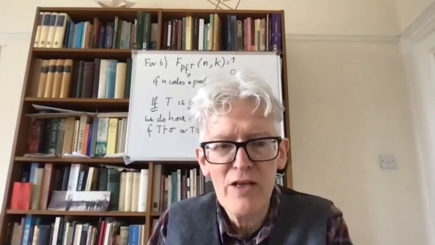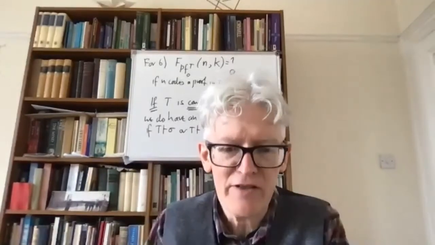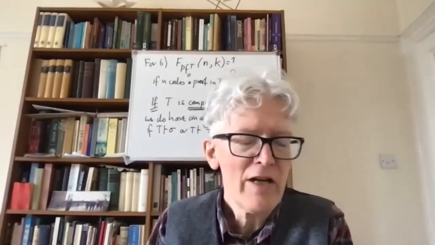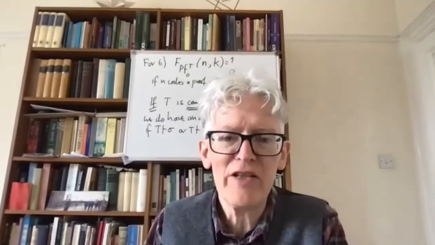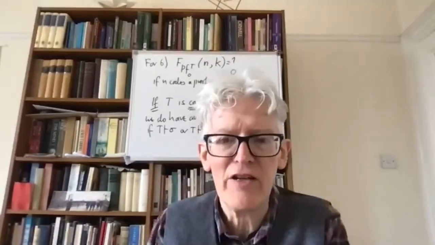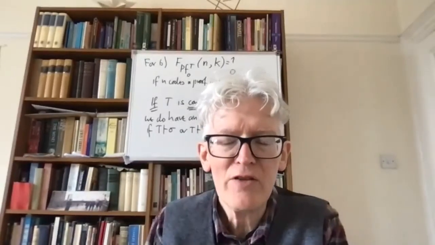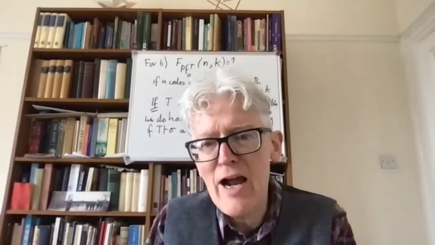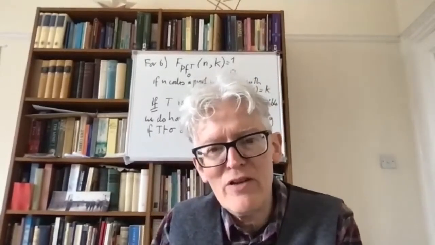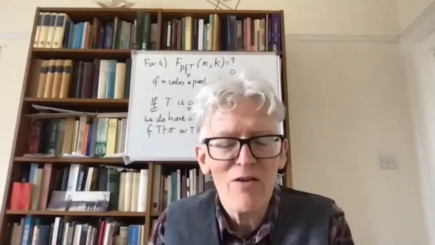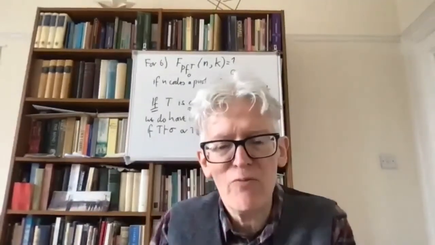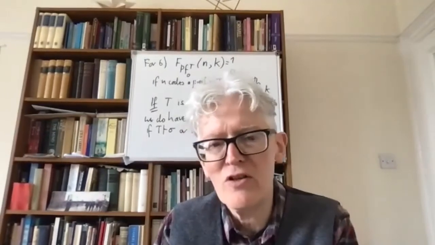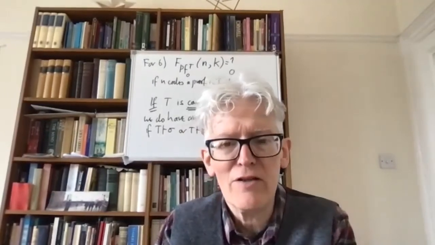In ZF, we can prove the consistency of PA, of number theory. And in things stronger than just ordinary set theory, we can prove the consistency of ZF. So it doesn't mean that we're suddenly thrown into doubts and despair about number theory. It just means within number theory itself, we can't prove the consistency of number theory. We have to go to a stronger system in order to do that.